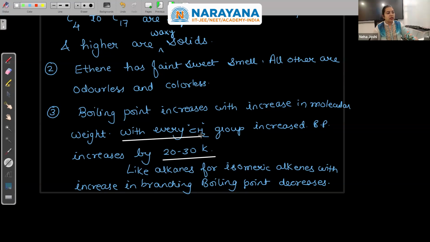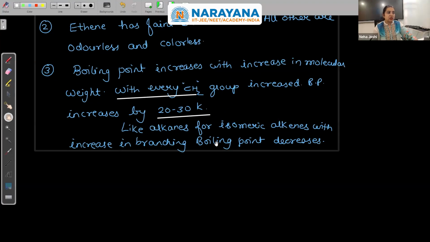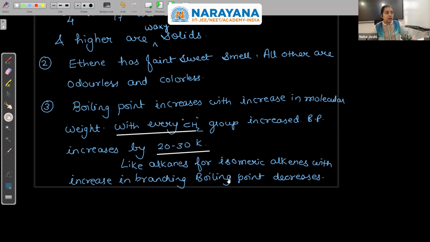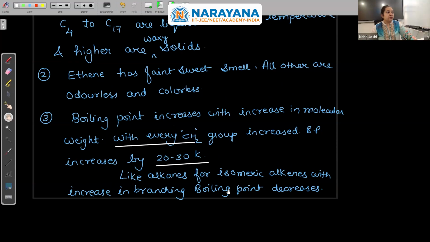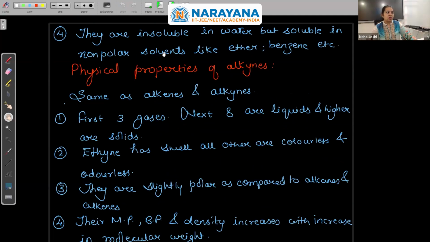Like alkanes, for isomeric alkenes with increase in branching, boiling point decreases. Same as yesterday we discussed for alkanes, how with branching the boiling point will go down. They are insoluble in water but soluble in non-polar solvents like ether, benzene, etc.